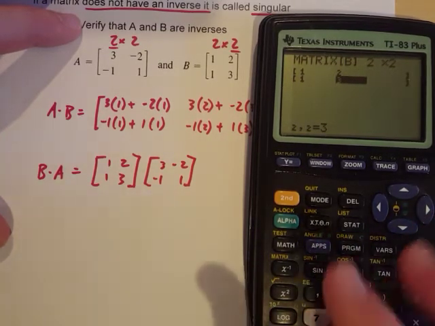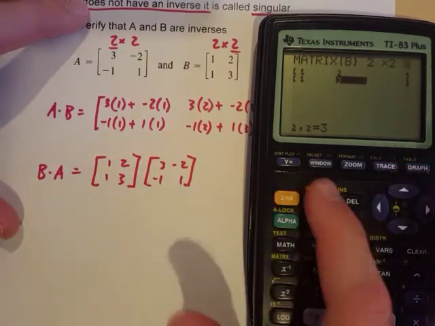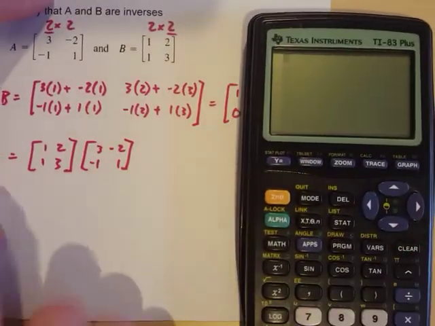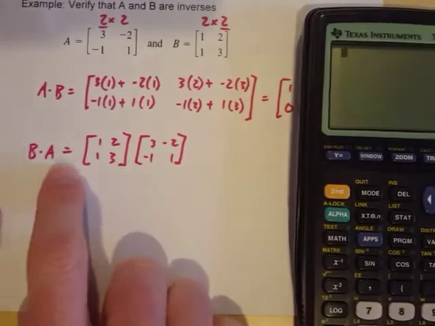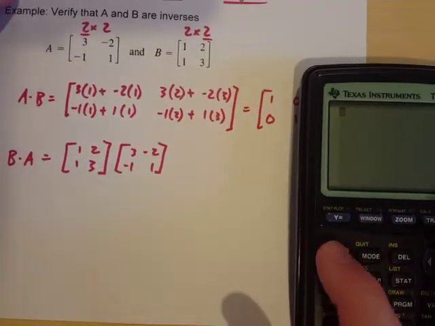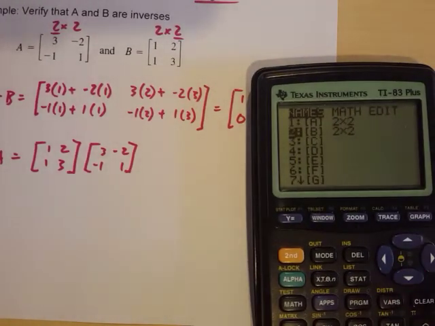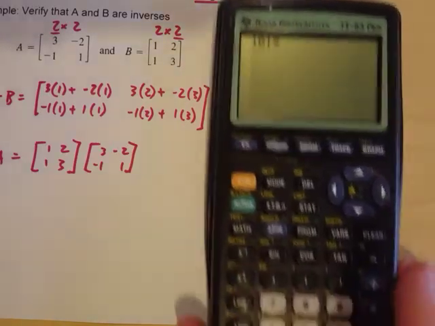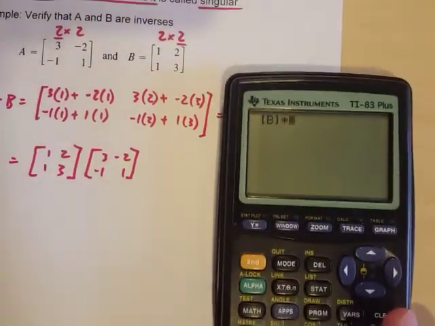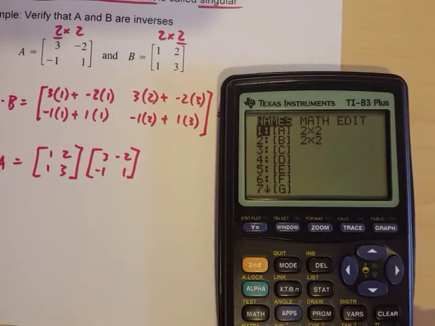All right, so once we get those entered in, the calculator is going to do the work for us. We got to quit out though and go back to the matrix menu yet again. So I'm going to do this time B times A in that order. And so I'm going to go back to my matrix menu and grab B first. And then I'm just going to hit the multiply button down here. And then I'm going to go back to matrix and grab the A in this case.